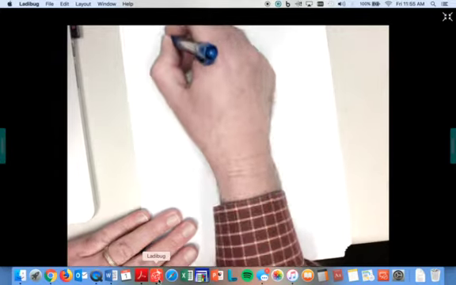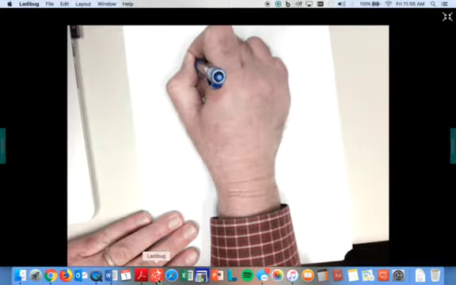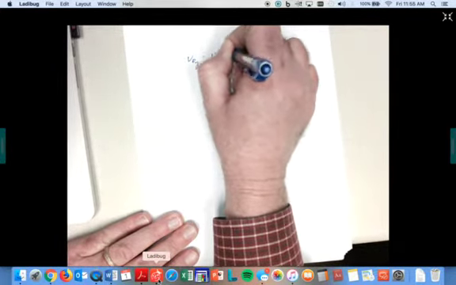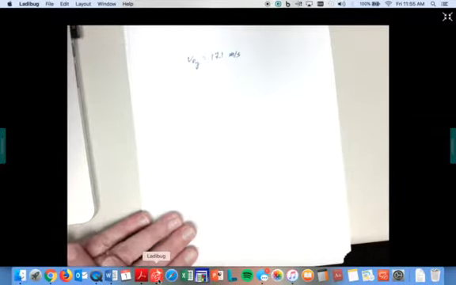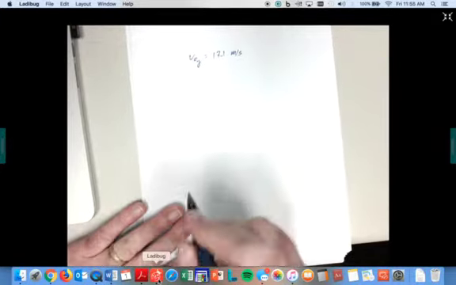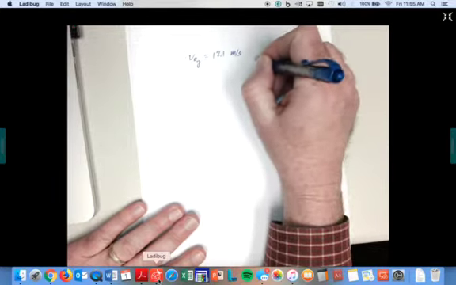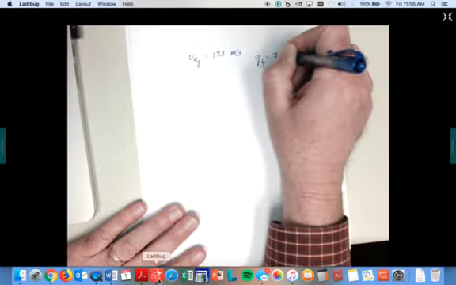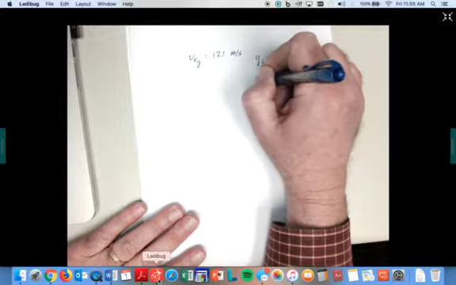So here we go. So v naught y is equal to 17.1 meters per second, right? Now we want to find the height, yf, at 7.8 meters when y naught is equal to 0.